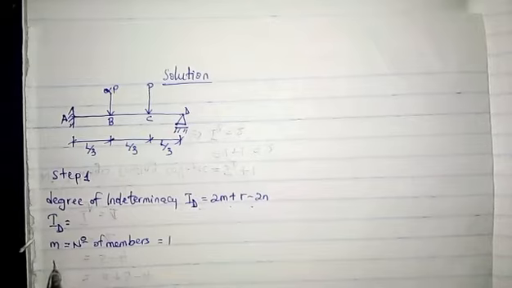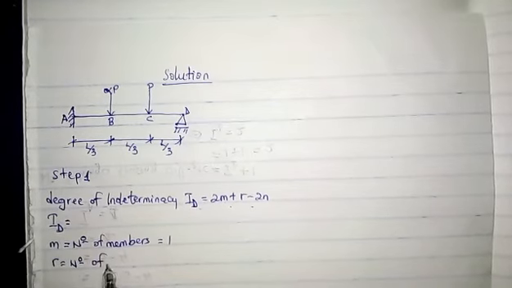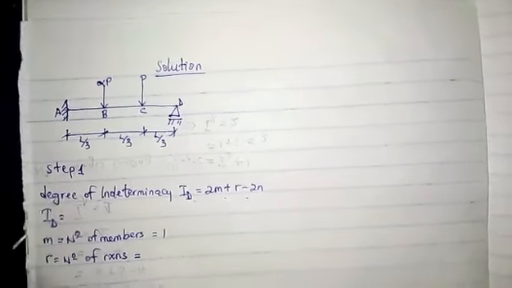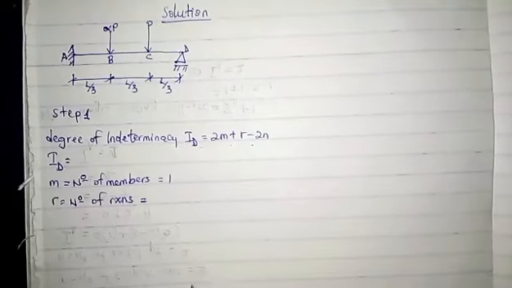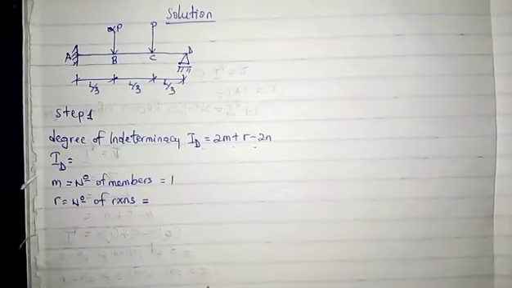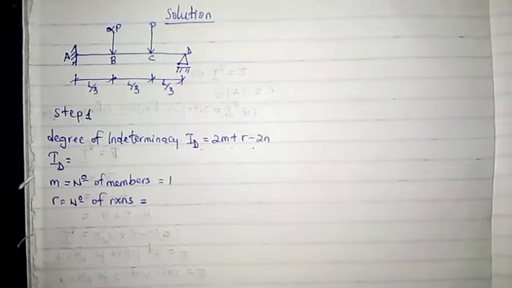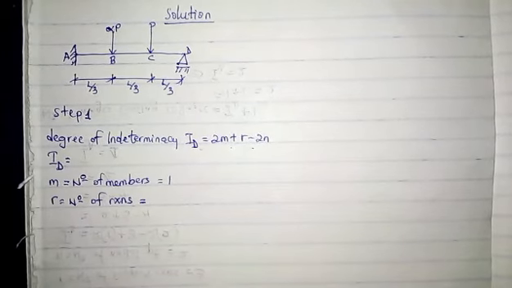Then r is the number of reactions. How do you get the number of reactions? What you do first is ignore the horizontal reactions while getting the number of reactions. Now let's go to our propped cantilever.